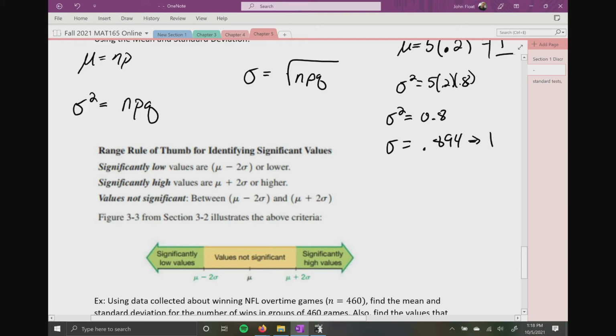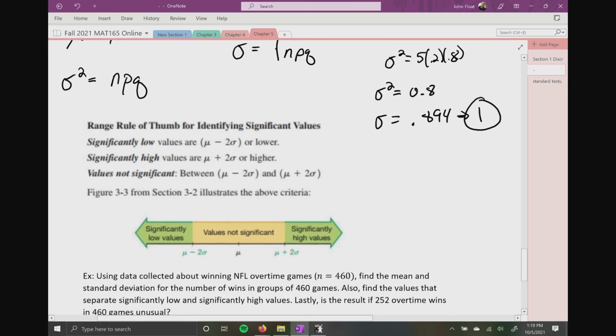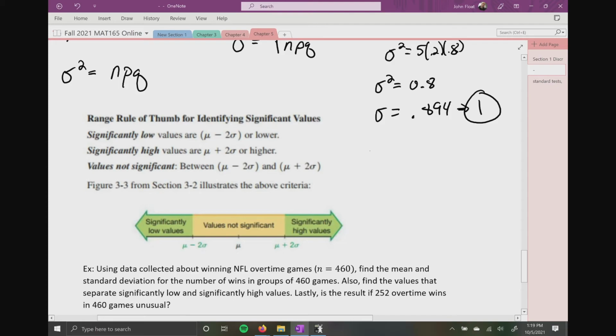Remember, significant values are always going to, not significant values will always be in between 2 deviations away from the mean. Anything outside is going to be not significant. So if I use this information, 1 for my mean and 1 for my deviation, then mu plus or minus 2 deviations would be 1 plus or minus 2 times 1.